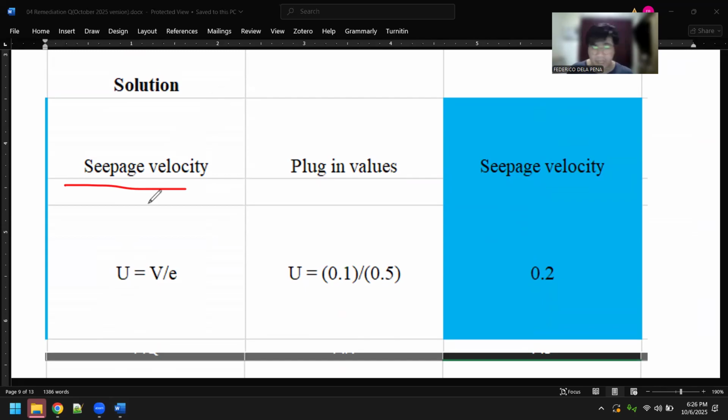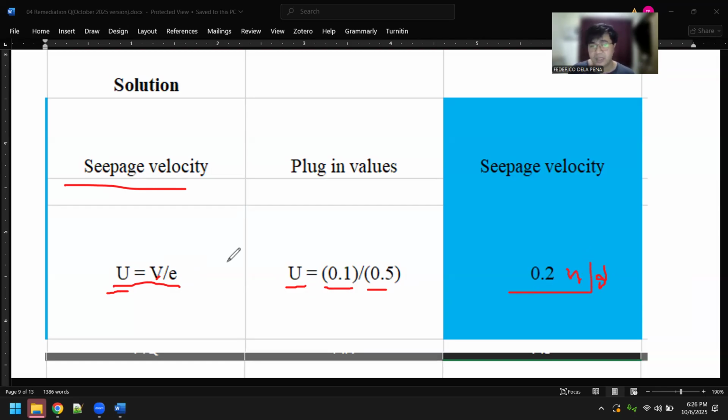Okay, so this is the faster velocity. This is the velocity which actually reflects the movement of the fluids in the pore spaces. And seepage velocity U is simply equal to Darcy velocity V divided by your effective porosity. Therefore, seepage velocity is equal to 0.1 divided by 0.5, and you're gonna get 0.2 meters per day.